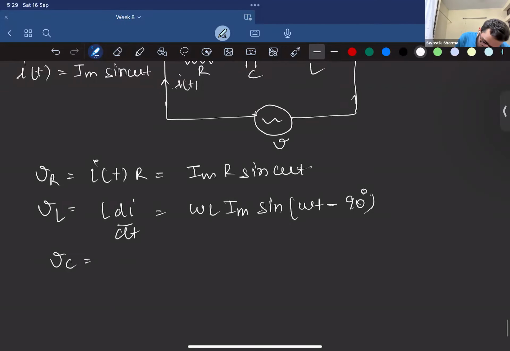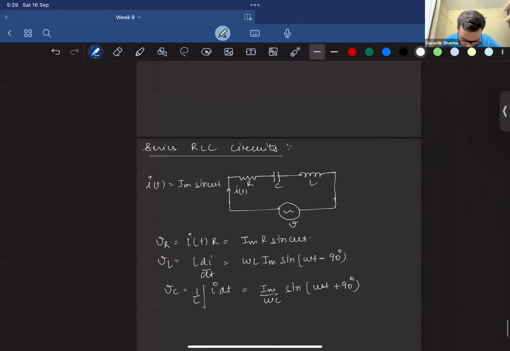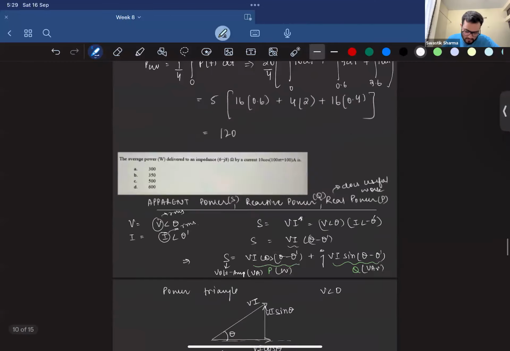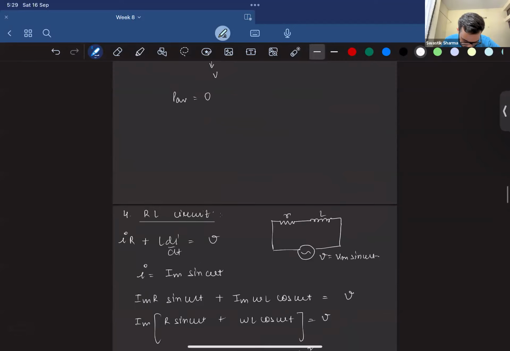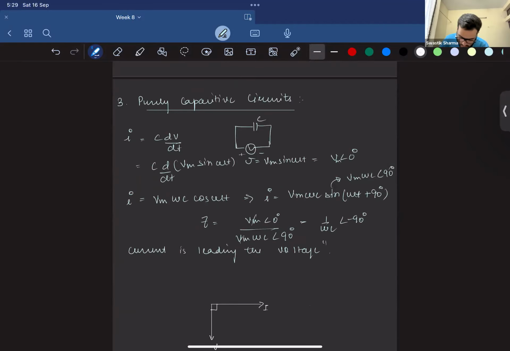And then VC is the integration of i dt, which comes out to be Im upon omega C sine of omega t minus 90 degrees. That's what we calculated for the individual circuits.